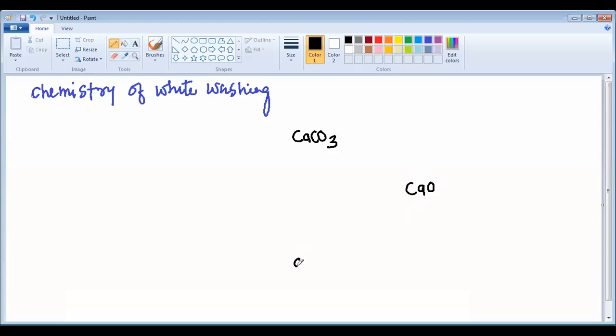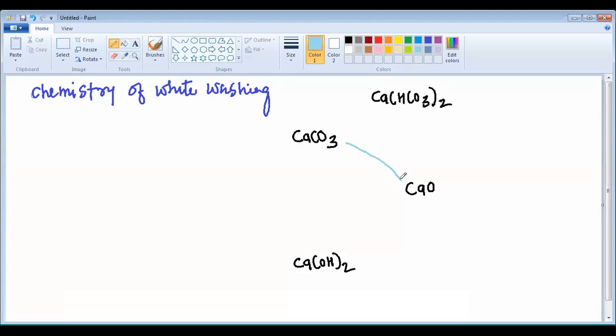This CaO is later on turned into Ca(OH)2, and then again from Ca(OH)2 we get CaCO3, and then with this CaCO3 and more water we can even get Ca(HCO3)2. So this is what happens. Let us see how it goes in a particular manner.